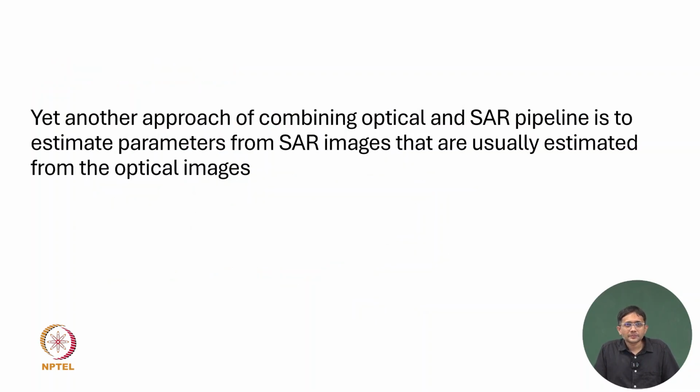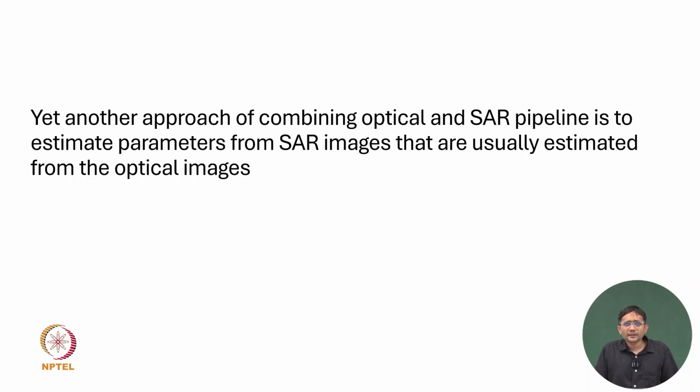Yet another approach of combining optical and SAR pipelines is to estimate parameters from the SAR images that are as well estimated from the optical images. This is more in the direction of self-supervised learning, and this particular strategy has been widely used more recently, in the foundation model era.